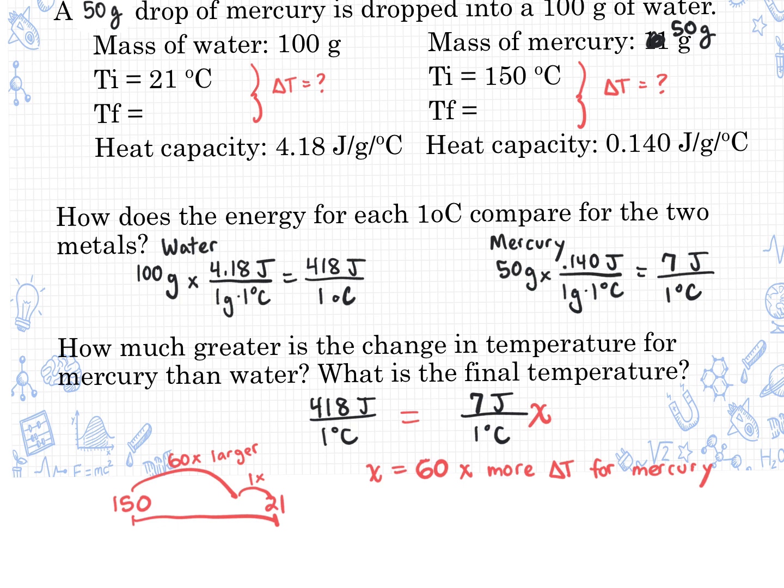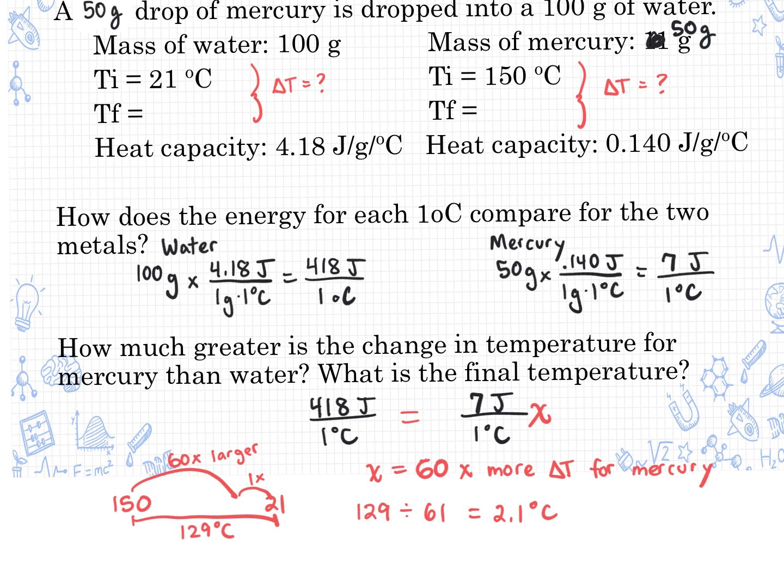So the difference between 150 and 21, it's 129 degrees Celsius apart. I'm going to take 129 and I'm going to divide it by 61 parts. And I get 2.1 degrees Celsius is like one temperature change increment.